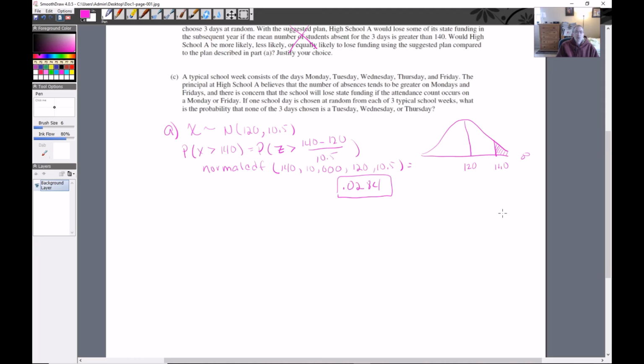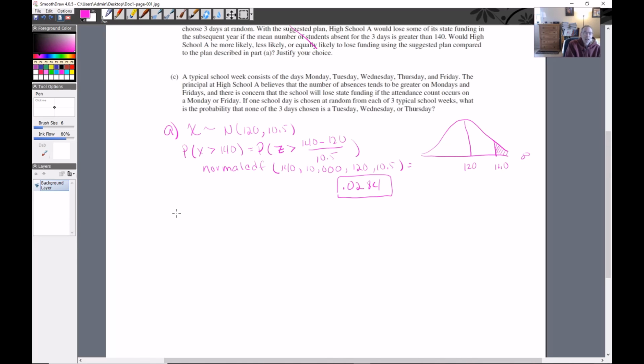If one school day is chosen at random from each of 3 typical school weeks, what is the probability that none of the 3 days chosen is a Tuesday, Wednesday, or Thursday? I took a little bit of a different approach to this than what they asked, but I got the right answer.